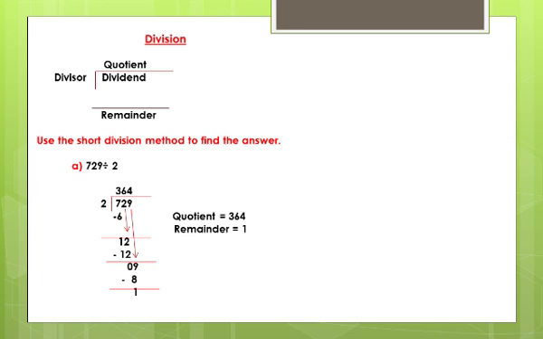So we can write 4 in the quotient and write 8 down. Then subtract 8 from 9. We get 1 left over. So from our question we get the quotient 364 and 1 left over. So the remainder is 1.